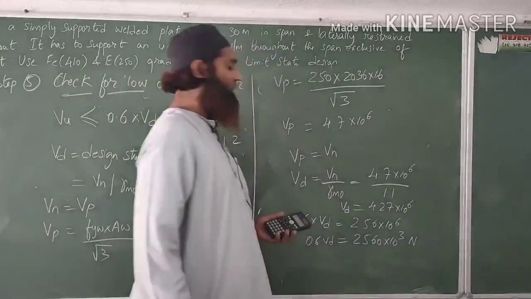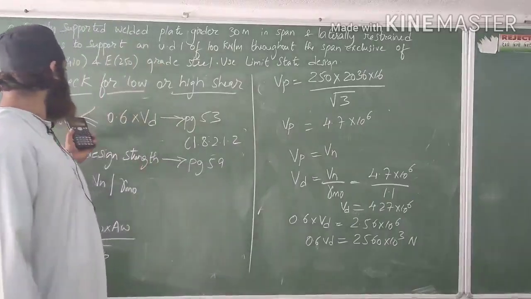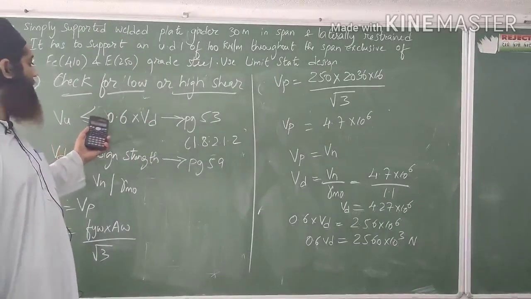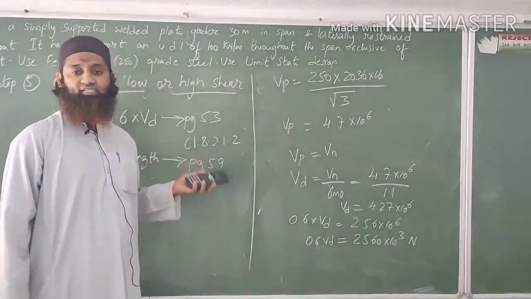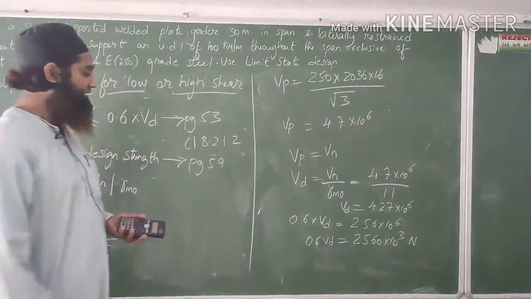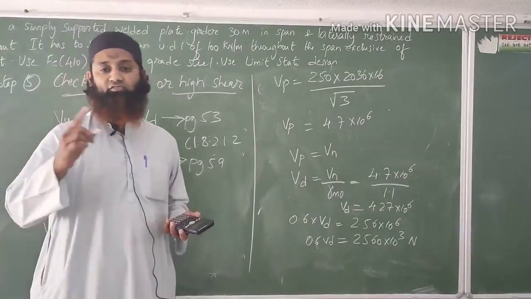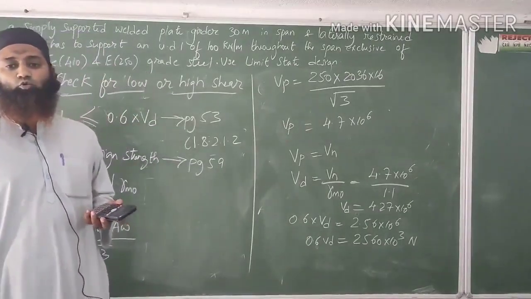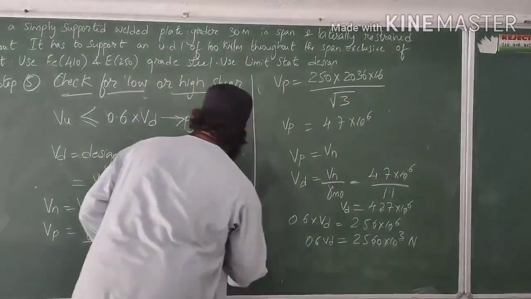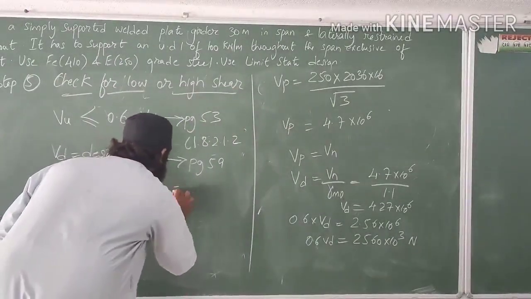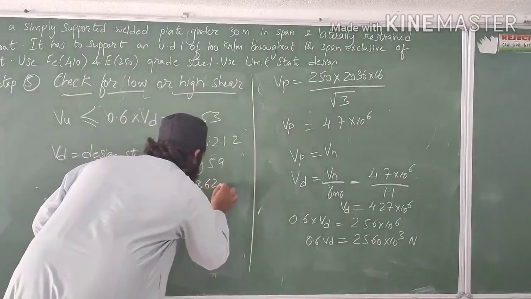Now the clause says Vu should be less than or equal to 0.6 times of Vd. After calculating the Vu value, in the previous step we had got Vu as 2362.5.